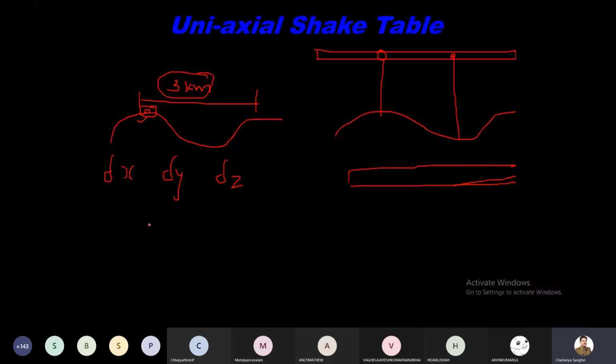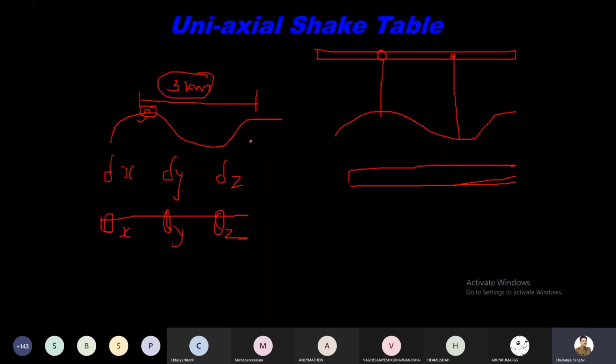But we are not considering theta X, theta Y, and theta Z. These rotations are not required for small structures like an individual building.